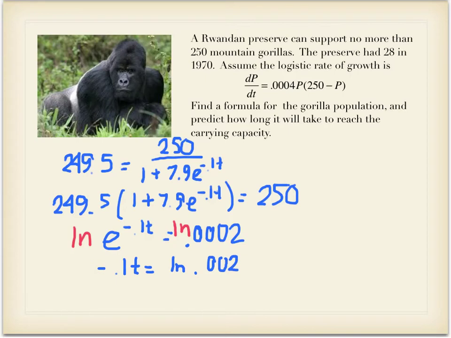If I divide both sides by that negative 0.1, then my answer is that t is going to be about 82.8. And it's going to take that many years for that gorilla population to level off.